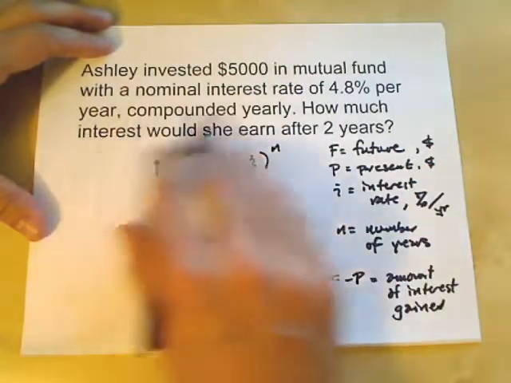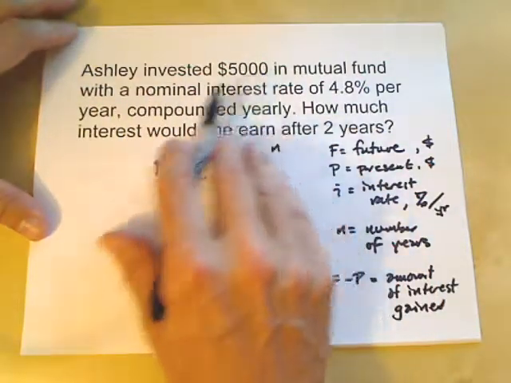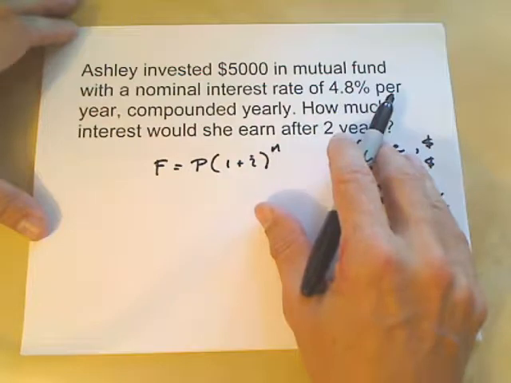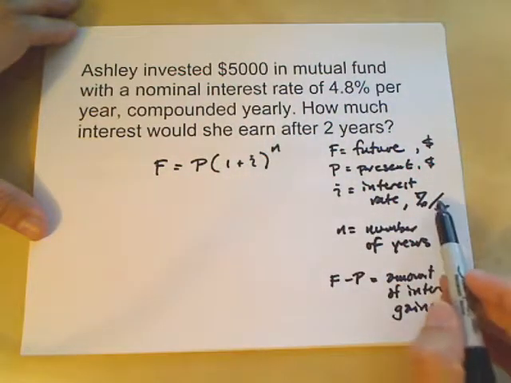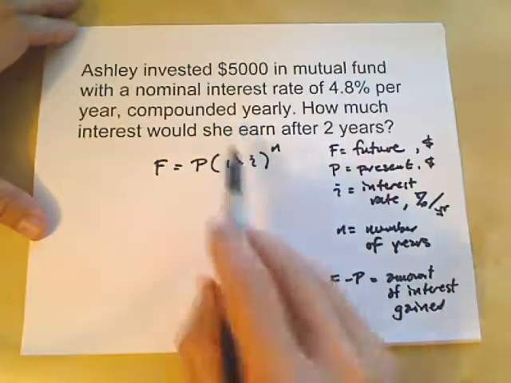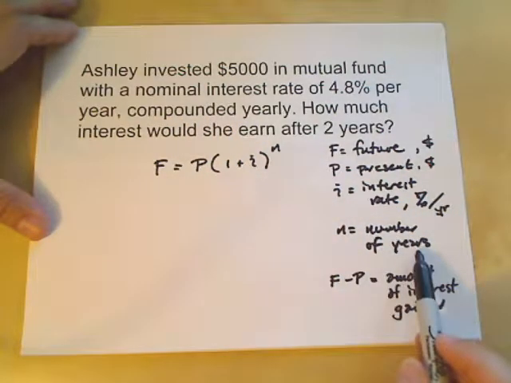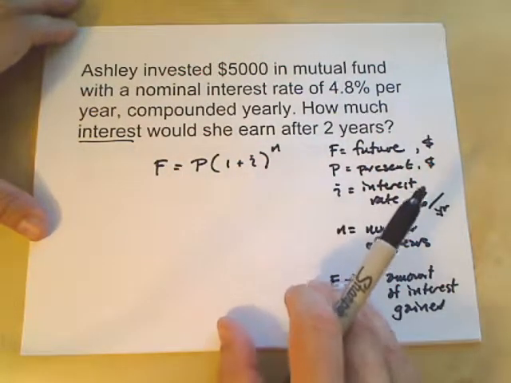And that's what this question is asking. Ashley invested $5,000 in a mutual fund with a nominal interest rate of 4.8% per year, compounded yearly. So the interest rate is percent per year, the number of compounding periods is equivalent to the number of years, and how much interest would she earn after 2 years?